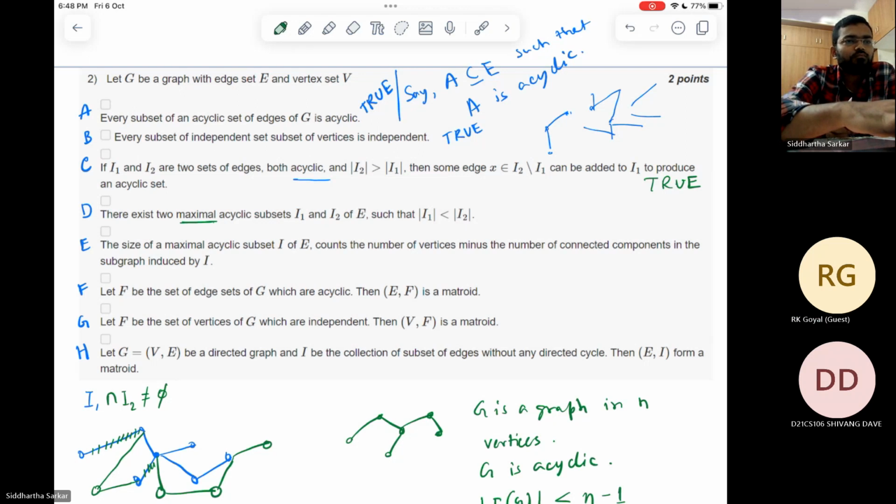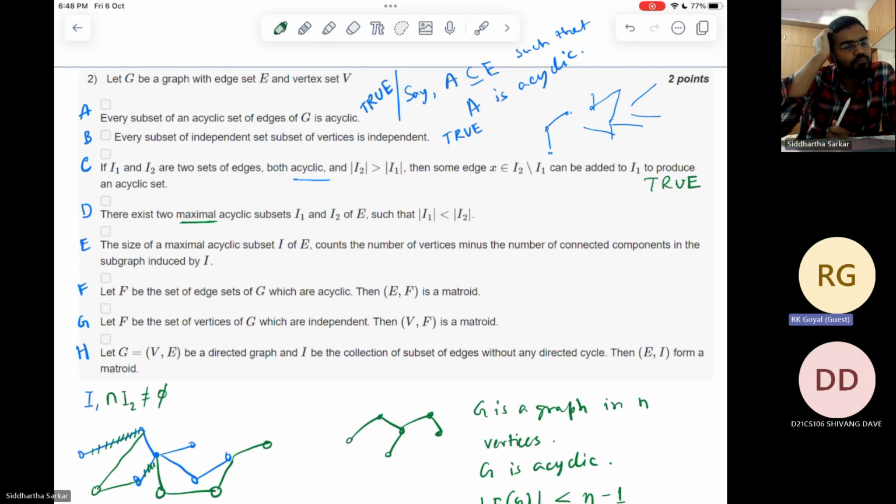I'm unable to think, but probably the solution could also be based on this same strategy. In one acyclic set, say we have n vertices in I1, then there could be at most n minus 1 edges. And in I2, if I have m vertices, then there would be m minus 1 edges.